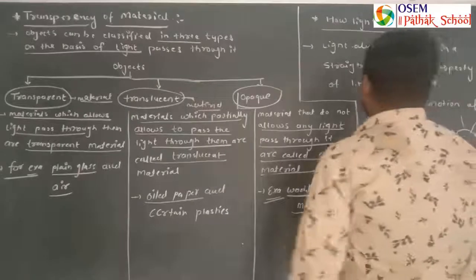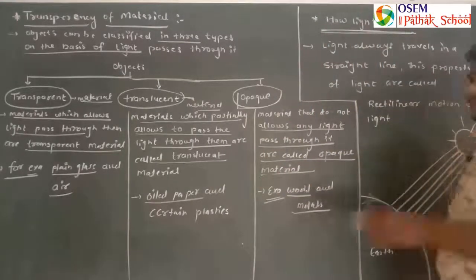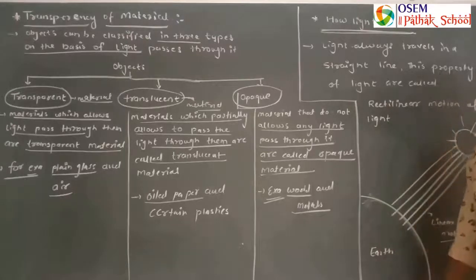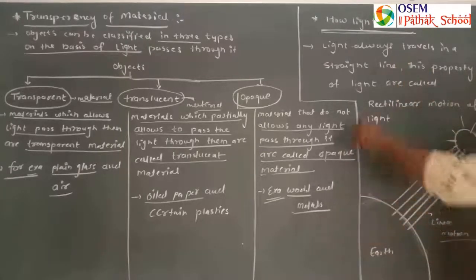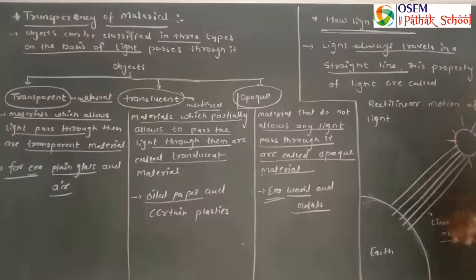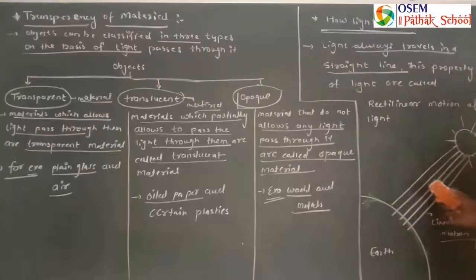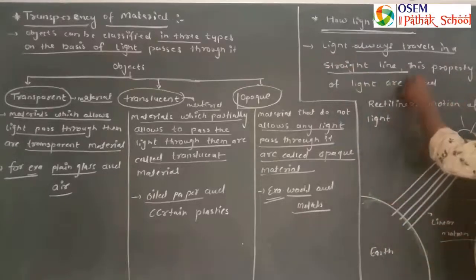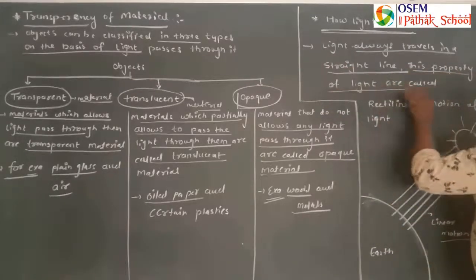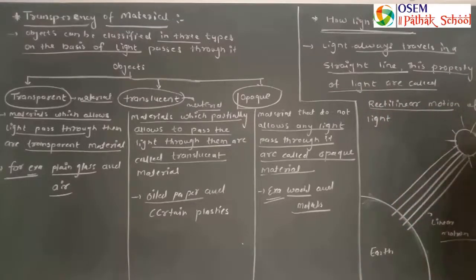Now we are going to learn about how light travels in a medium or in air. So light always travels in a straight line motion. सीधा ही वो जाएगा. Light always travels in a straight line. This property of light is called rectilinear motion.